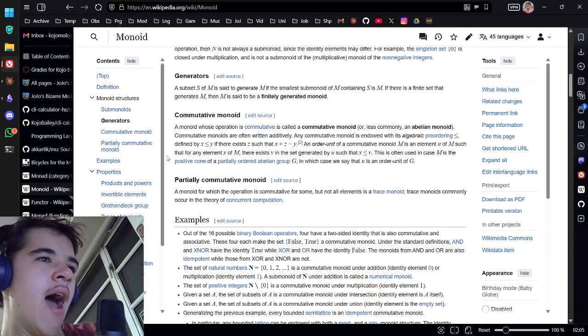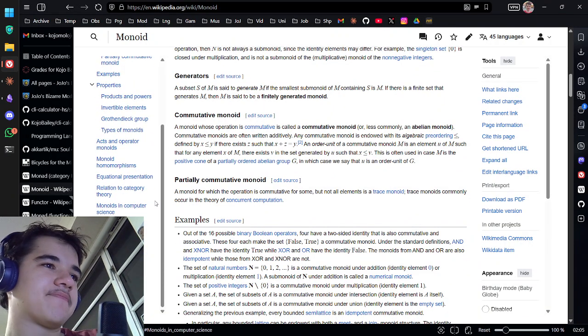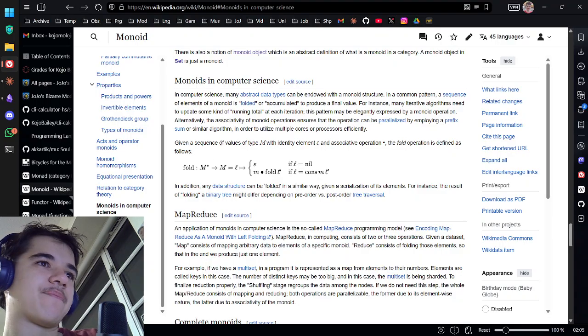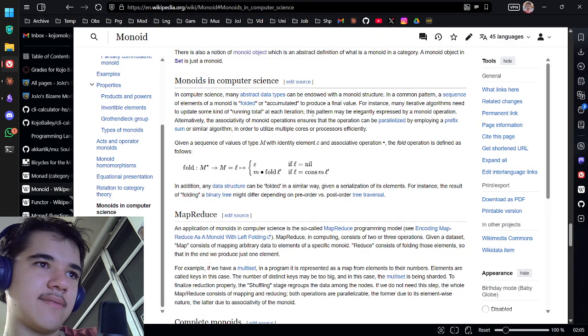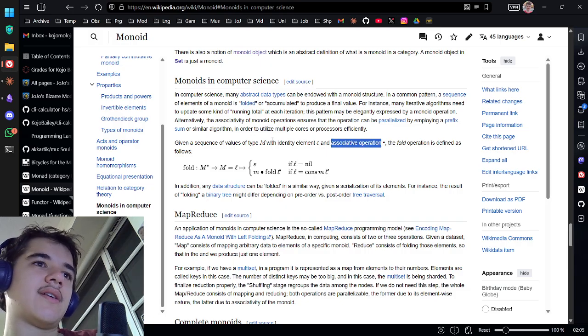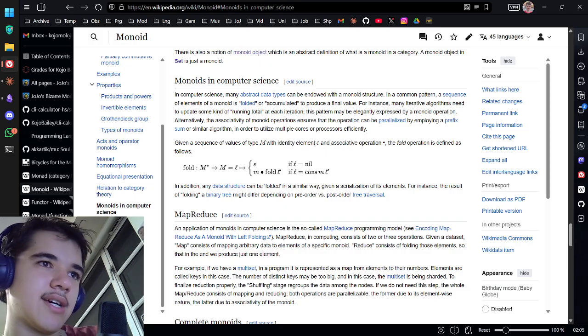Interesting. So from what I understand, there's an associative operation and an identity element.